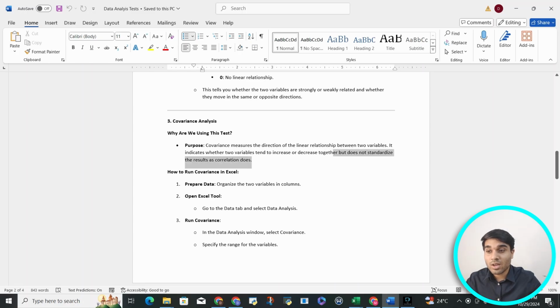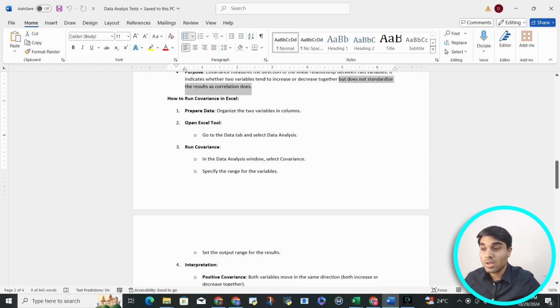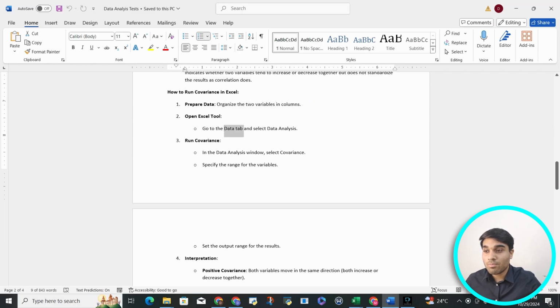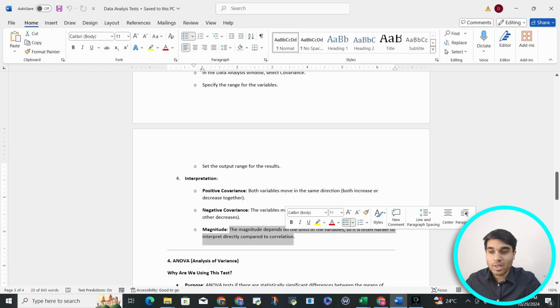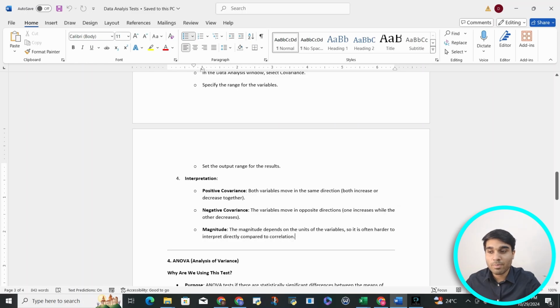I've given the entire problem related to covariance analysis here, how we are going to do it, how our Excel tool will be run, and so on. The interpretation is: positive covariance, both variables move in the same direction. Negative covariance, they move in opposite directions. Magnitude depends on the unit of variables, so it's often harder for us to interpret directly as compared to correlation.